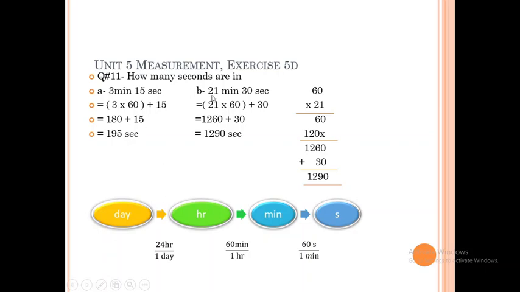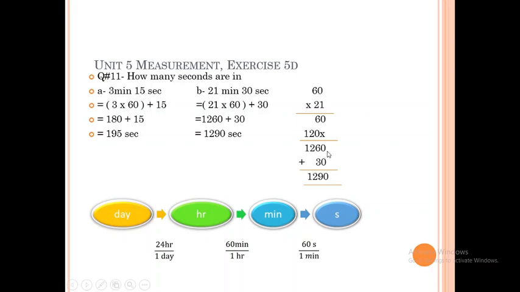Now this one is a bigger number, 21 minutes and 30 seconds. 21 multiply 60. So here I have done it in the working column. If you are feeling difficulty in multiplication, you can use the right hand side of the page as a working column. First multiply by 1, then multiply by 2 and your answer is 1260.